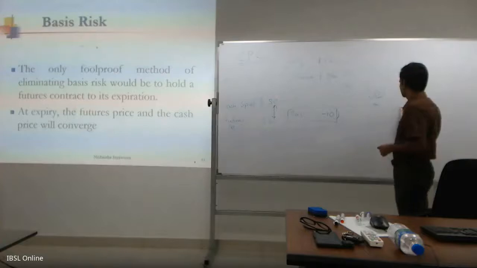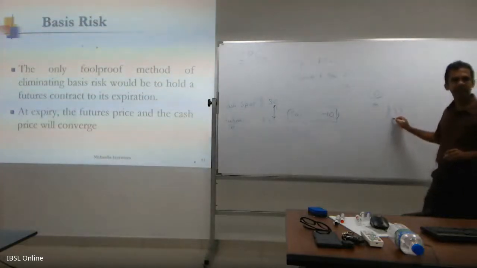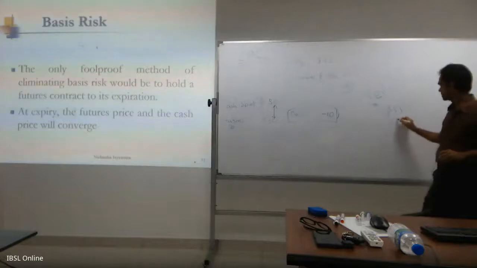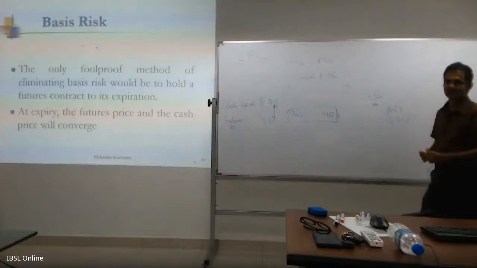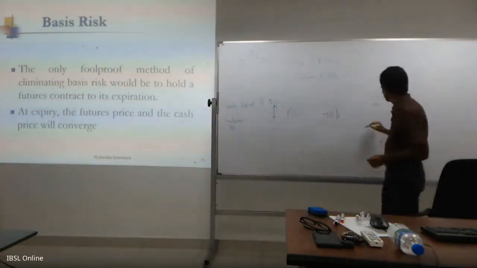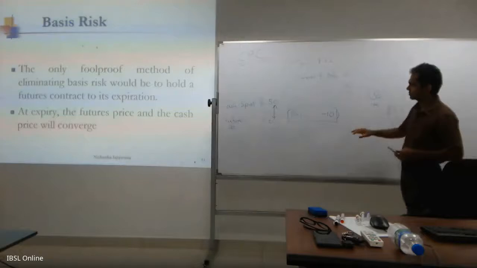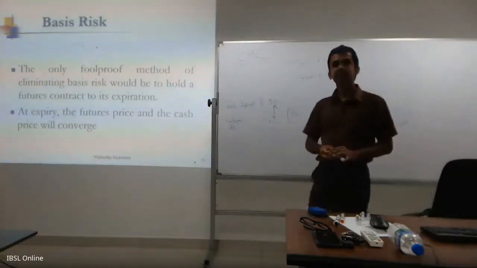If the price of an oil barrel is 55, what would be the futures price? That also will be 55. Then your profit or loss would be the difference between this futures price and this spot price. You match exactly that. But what happens in a futures contract?